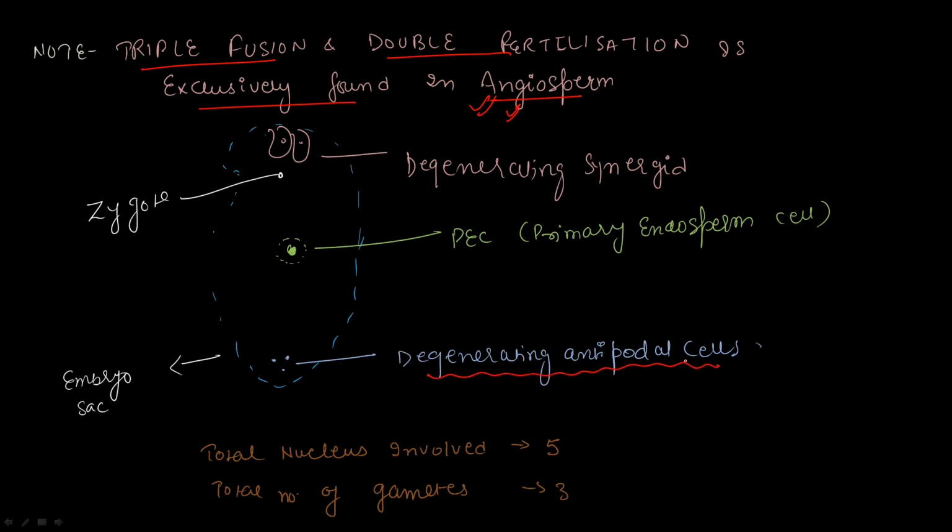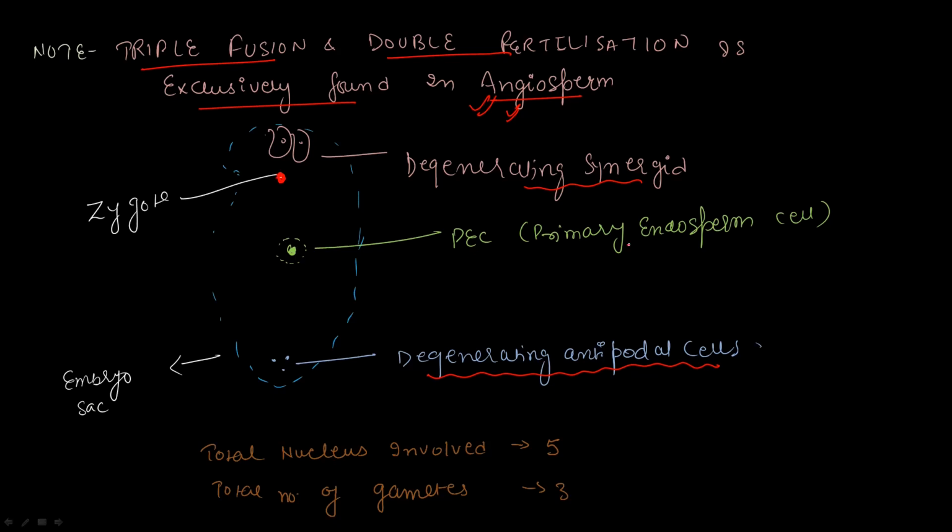The actual function of the antipodal cells is not very clear, but some books say that these antipodal cells are there just to provide nourishment. After the fusion, the antipodal cells are going to degenerate, and the remaining synergid is also going to degenerate.